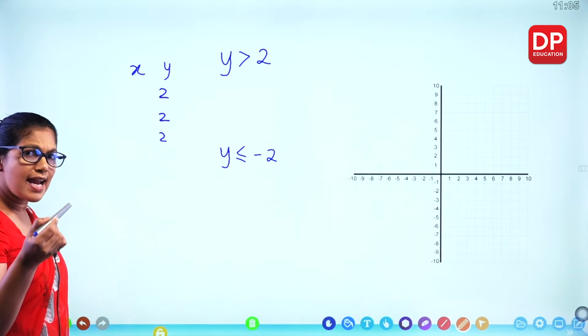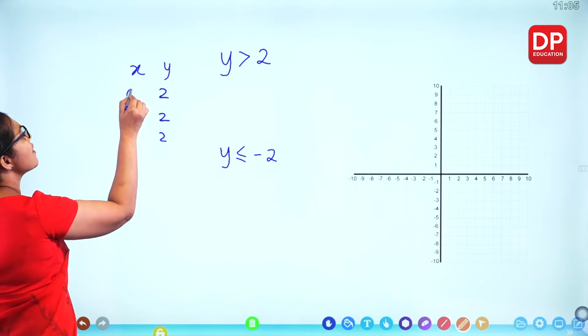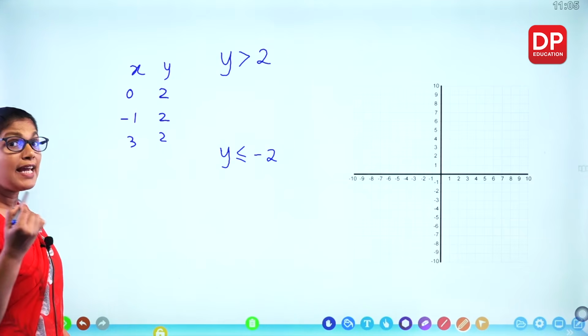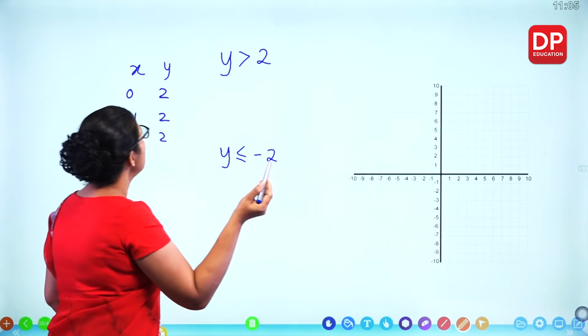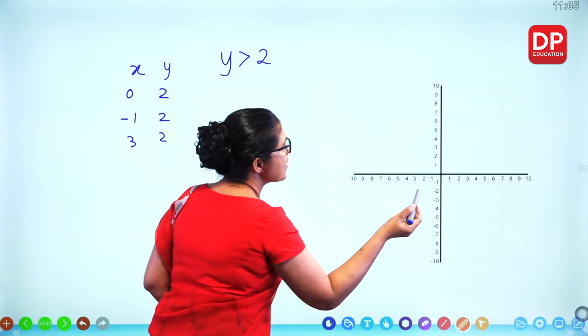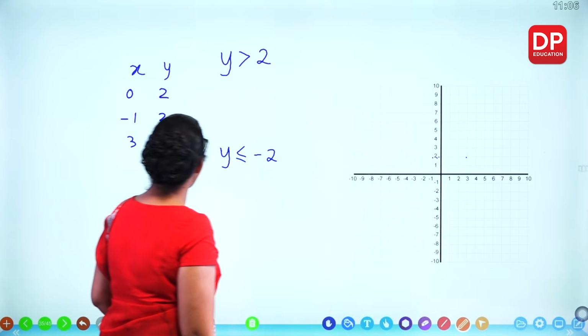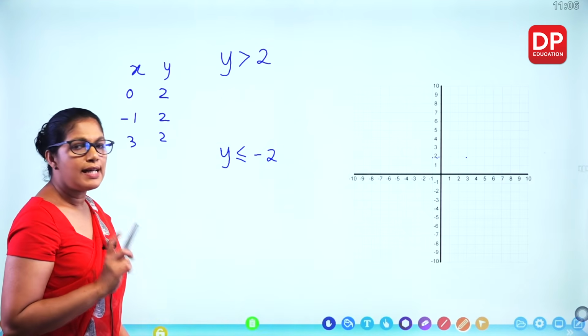You can take any x value. So I'll take 0, minus 1, 3, any x value. So here 0, 2. So where's 0, 2? Somewhere here. Where's minus 1, 2? Somewhere here. Where's 3, 2? Somewhere here. That means you have to draw a horizontal line.